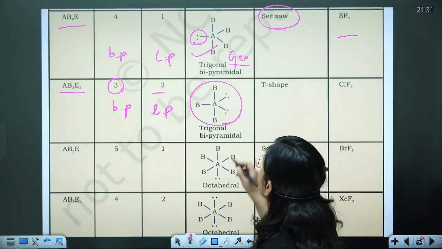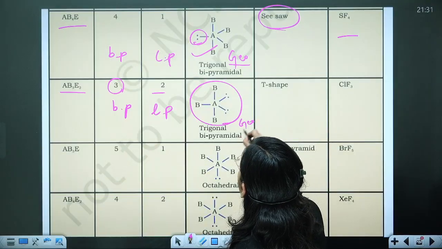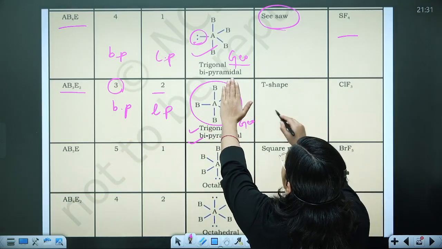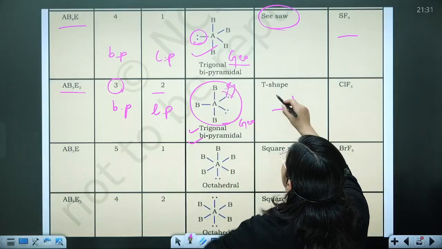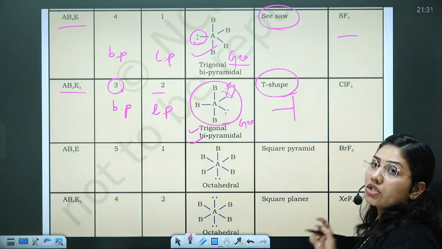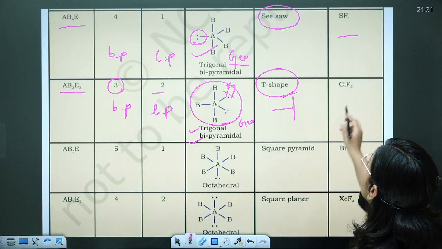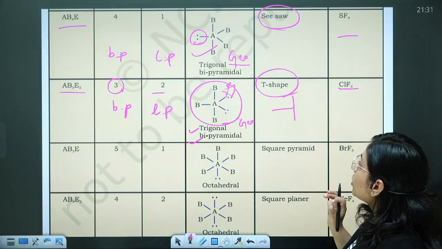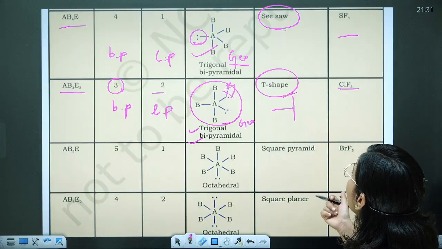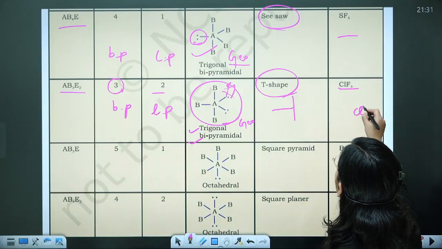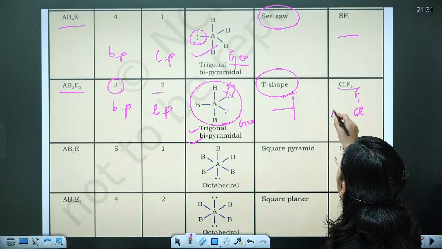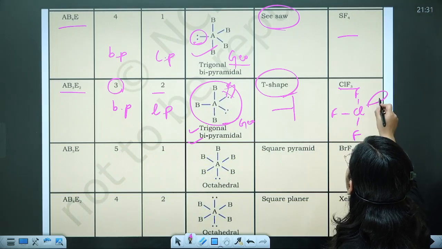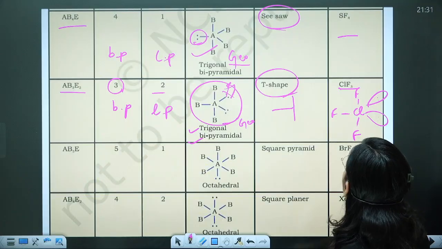The geometry is trigonal bipyramidal, but if you cover the lone pairs, you will be able to see the T shape. Such a shape is shown by ClF3, Cl being in the center, F making bonds like a T, and there are 2 lone pairs.